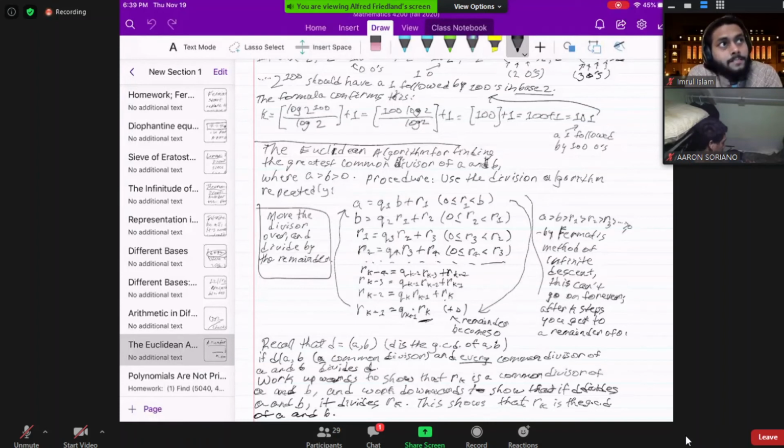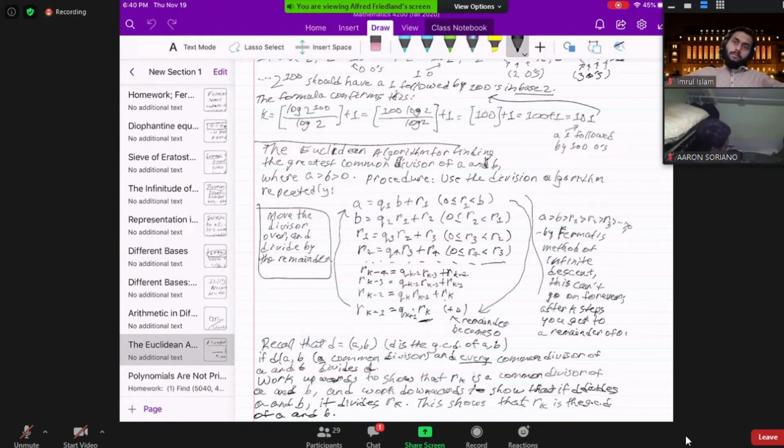And then on the left, I have an arrow going down, where if you start with any common divisor of A and B and trace it down, you'll see that that common divisor, called D, divides R sub k. So this R sub k, which I underlined on Tuesday, there it is at the bottom, that's the last non-zero remainder that we saw was the greatest common divisor of A and B.